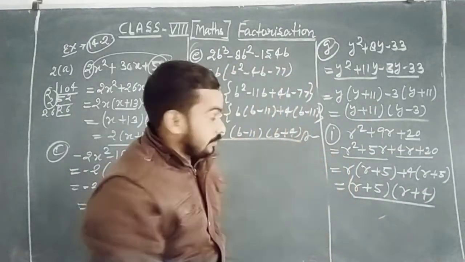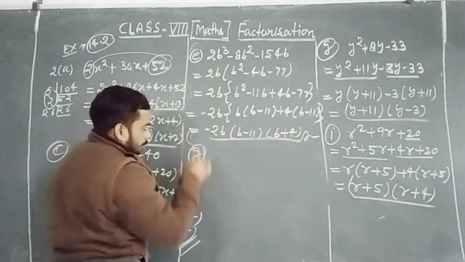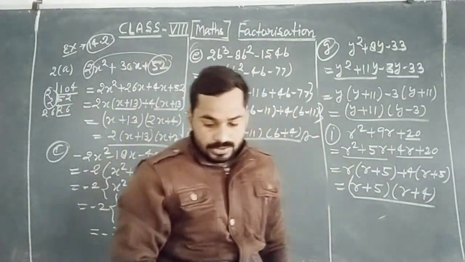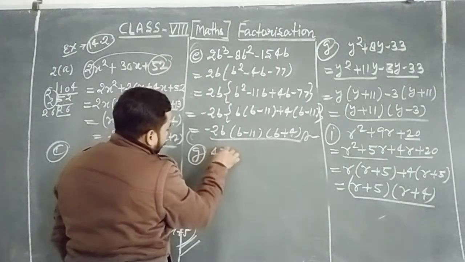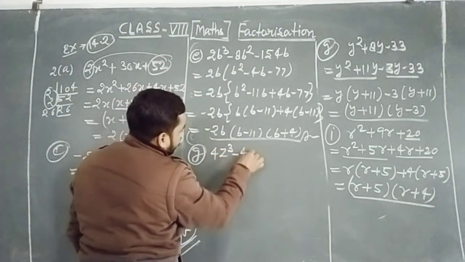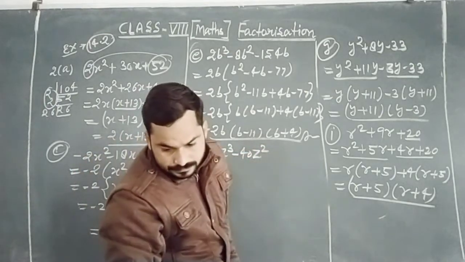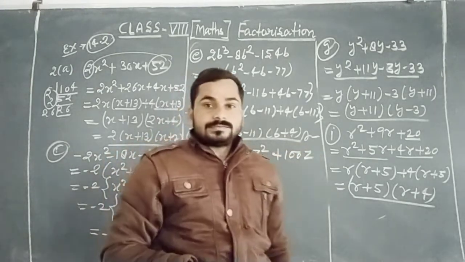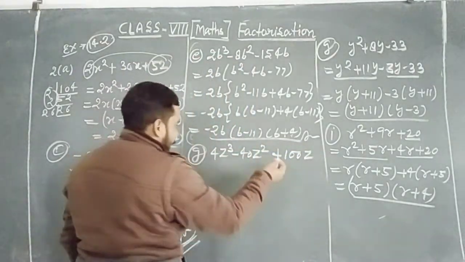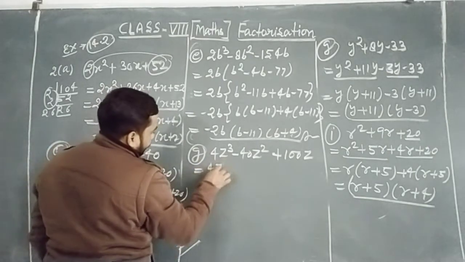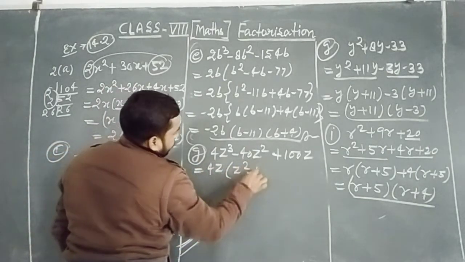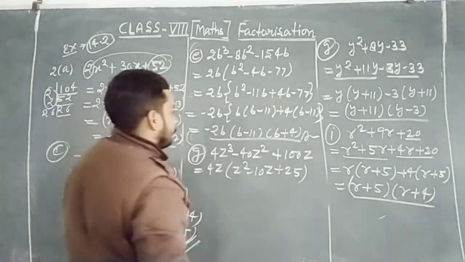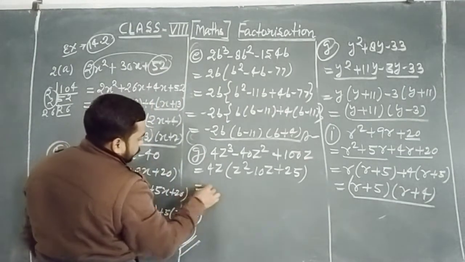Now take the G part. G part is given: 4z cube minus 40z square plus 100z. Take 4z common, so z square minus 10z plus 25. 5 5 are 25, 5 plus 5 is 10.